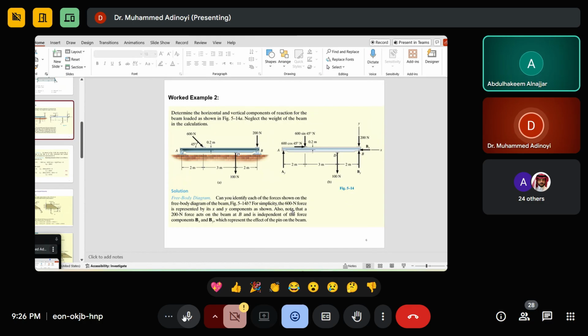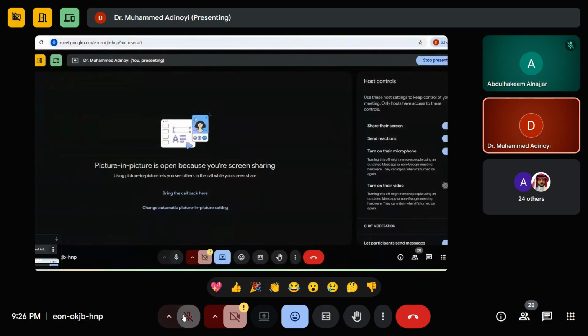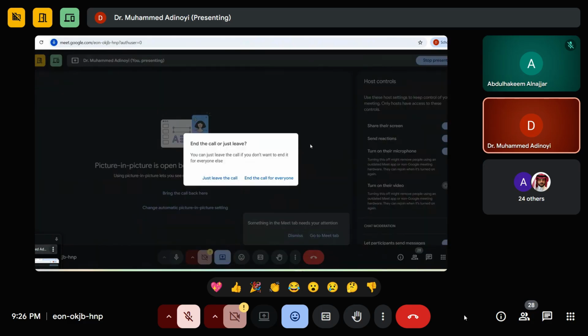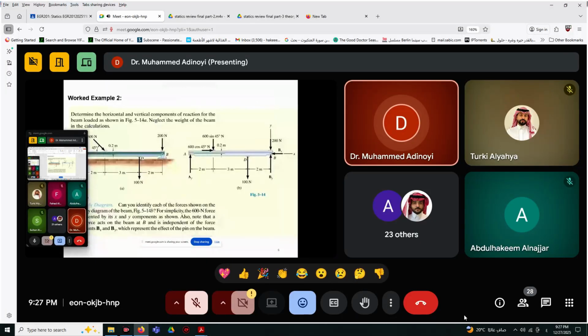Okay, but in the slide, in the worked example in the class, it's right? Yes, in the class, yes. Okay. Let me bring it in so that those people who did not catch it will be able to understand it. Give me 2 minutes to bring it. Stop sharing right now.